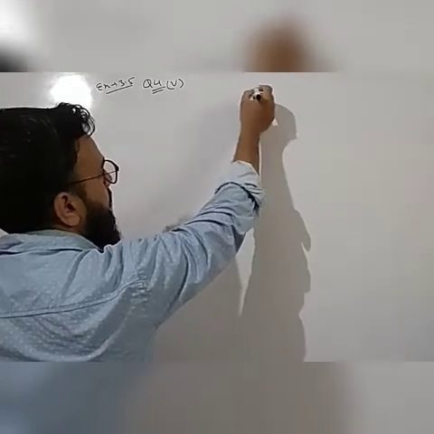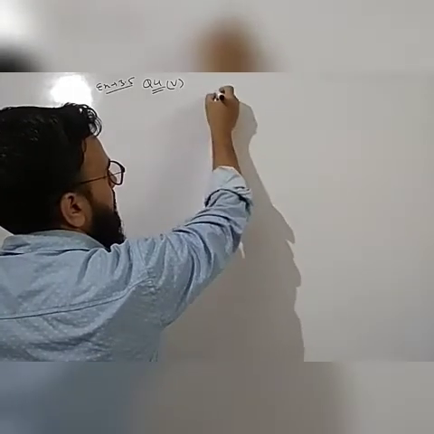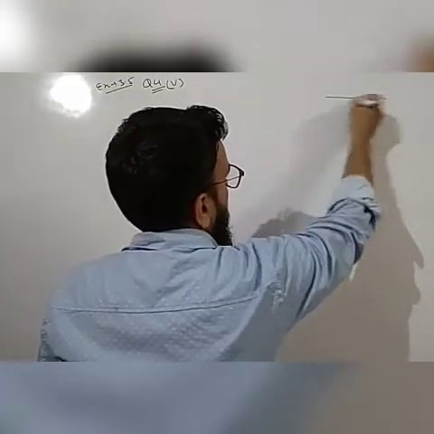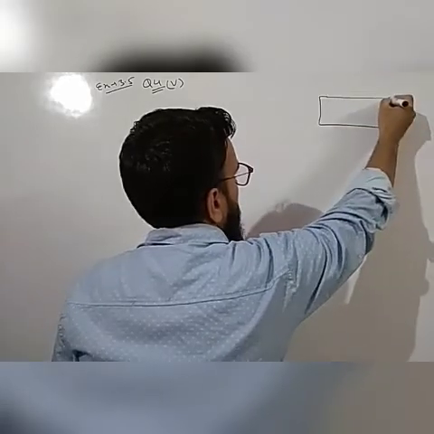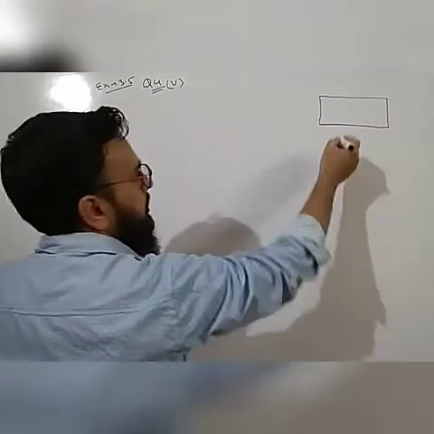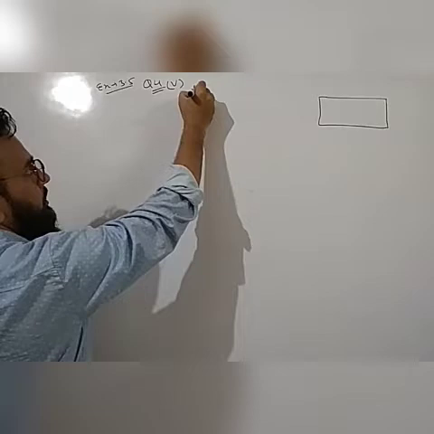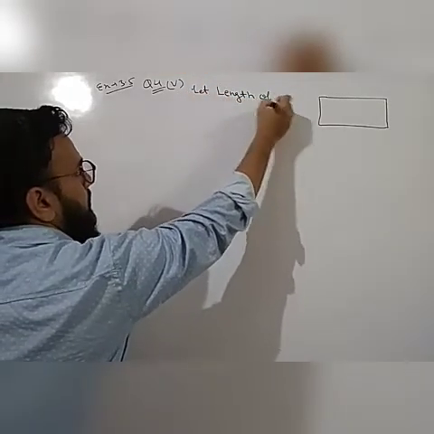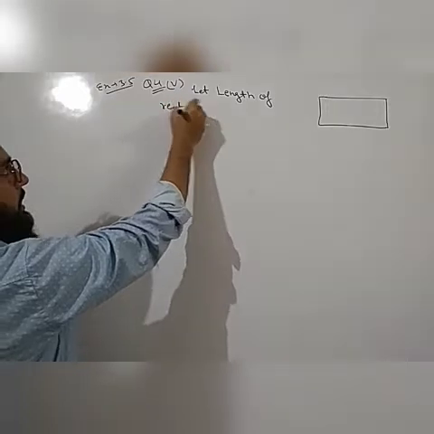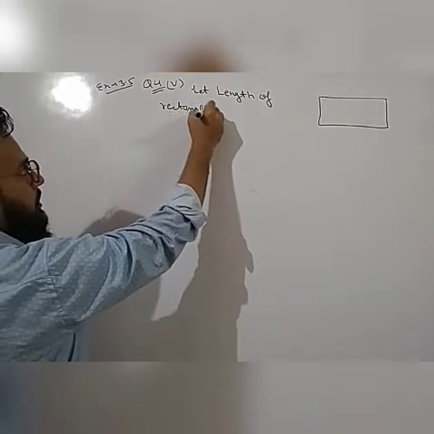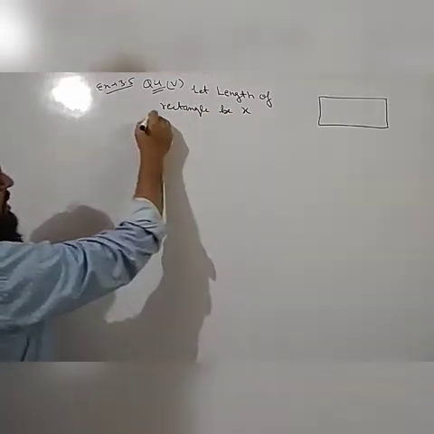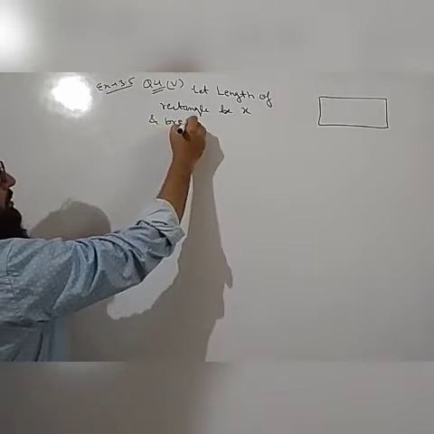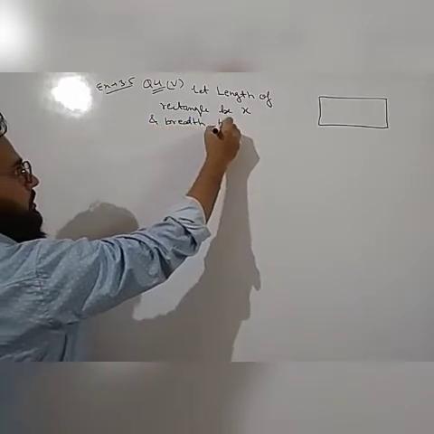So as we all know, what is the property of rectangle? A rectangle has a length and a width. This is our rectangle. So let us consider, let length of rectangle be x and breadth be y.